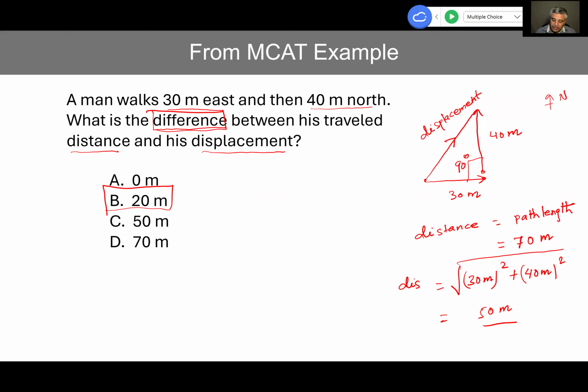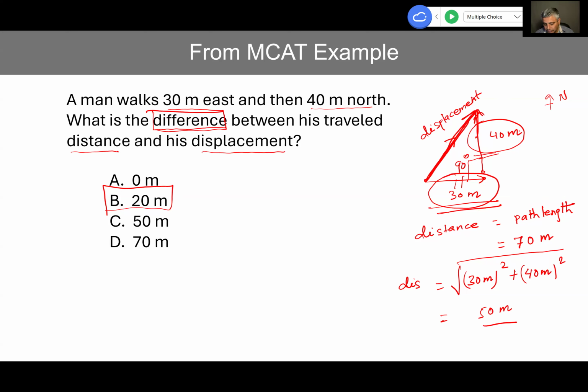So that's how we add two vectors. If you pay attention, this is the sum vector, and this sum vector comes from the components. There's 30 meters going to the east and 40 meters going to the north. Individually, these are also vectors, right? That's why we drew them with a line with an arrow.